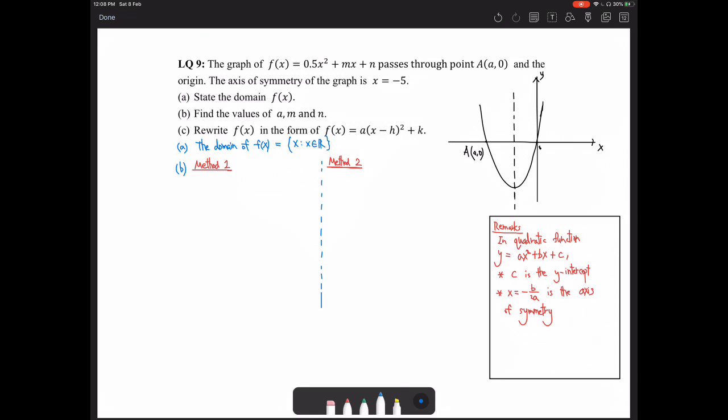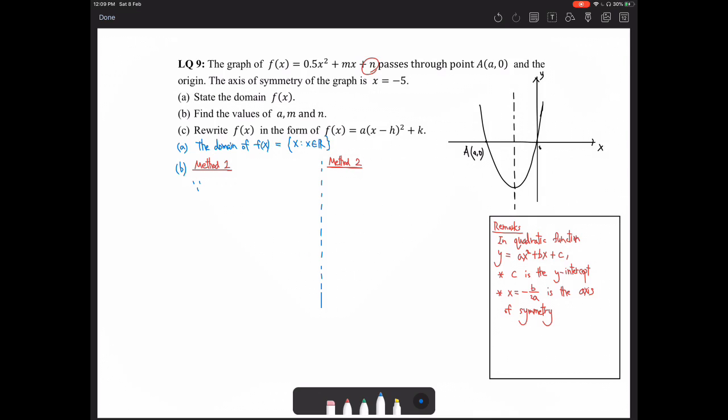First, the easiest part is to find n. Why do I say n is the easiest part? Because n is the constant term in a quadratic function, and this constant term has a special meaning. This n actually stands for the y-intercept. You can see the remarks on the right hand side. The constant term is the y-intercept.